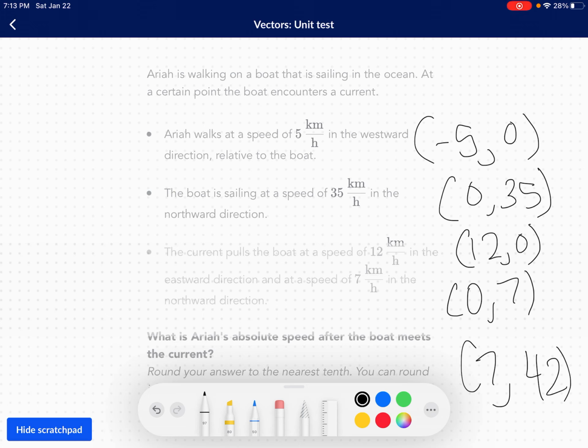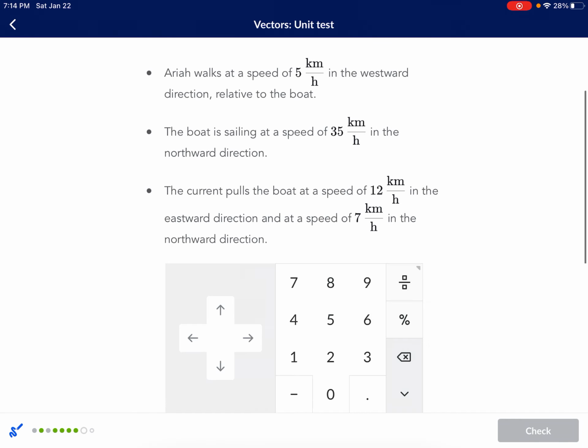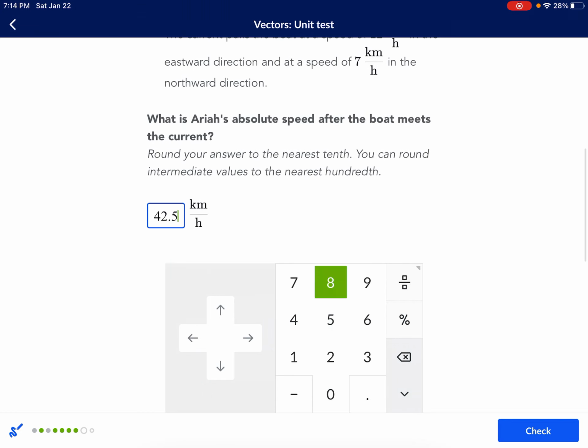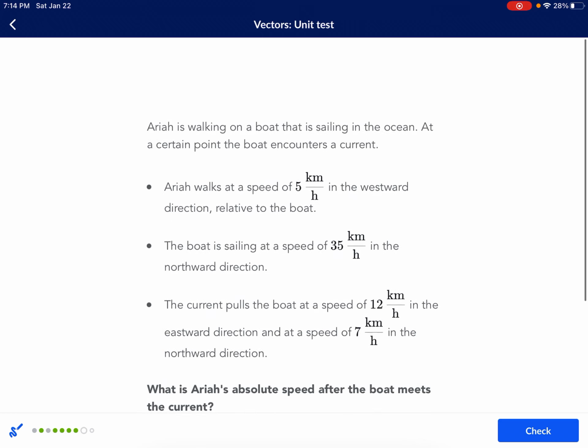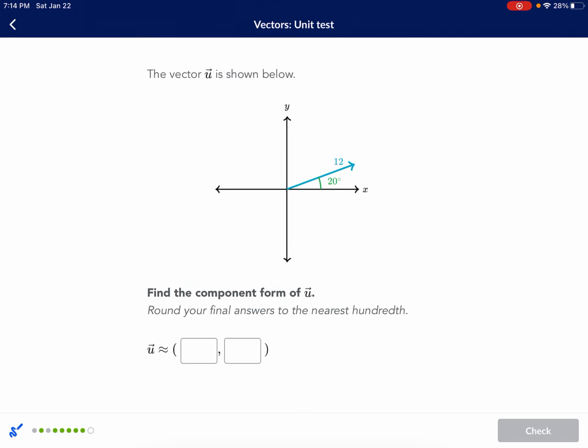Take the square root of all of that. You get approximately 42.58. Now let me just make sure I'm not missing anything. Yeah, I don't think I'm missing anything.